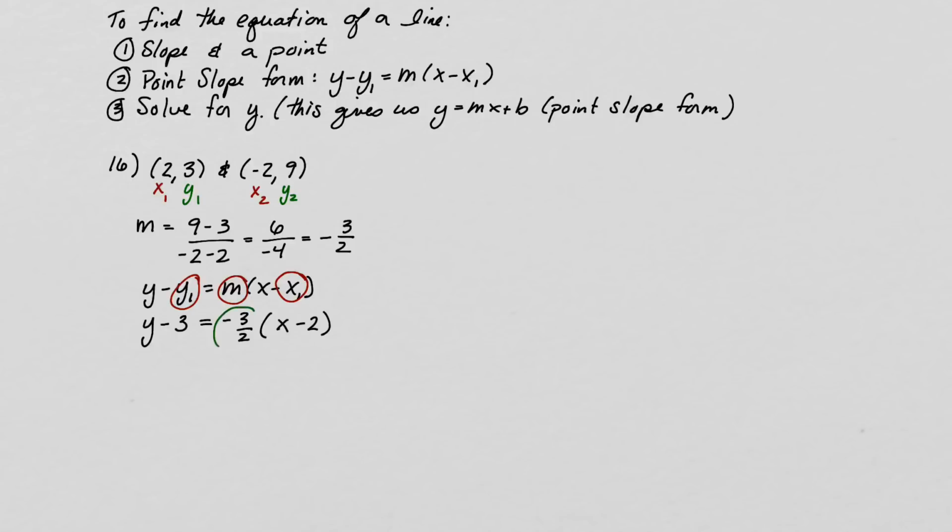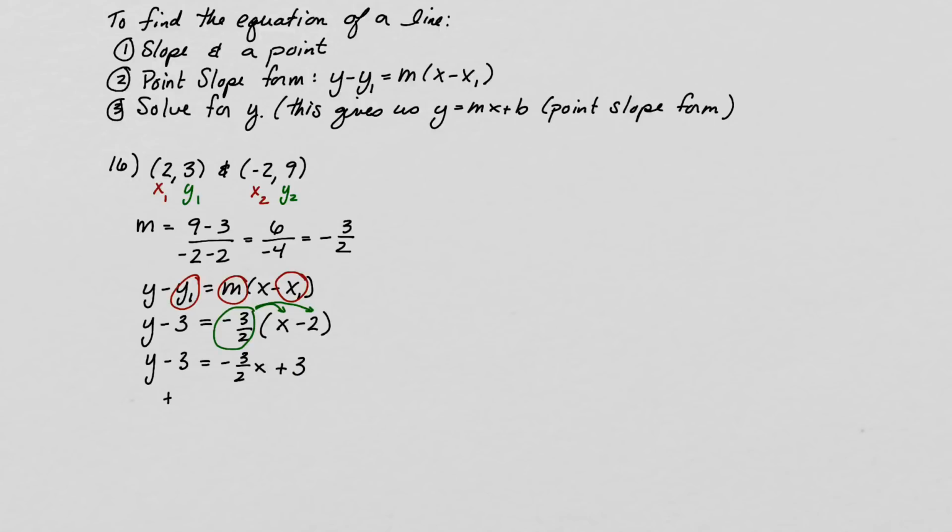And now I'm going to take this -3/2 and distribute it to both of these terms. So y minus 3 is going to be -3/2 x, and then -3/2 times -2, negative times negative is positive, and the 2 in the bottom is going to cancel with the 2 here, and we're just going to get 3.